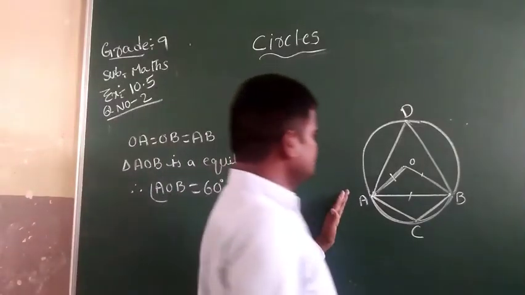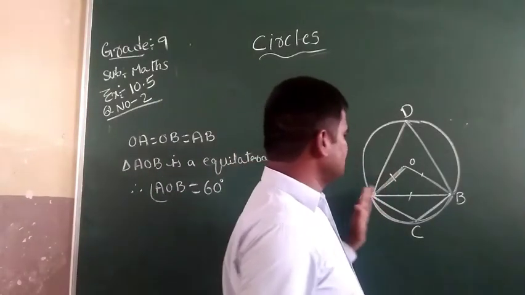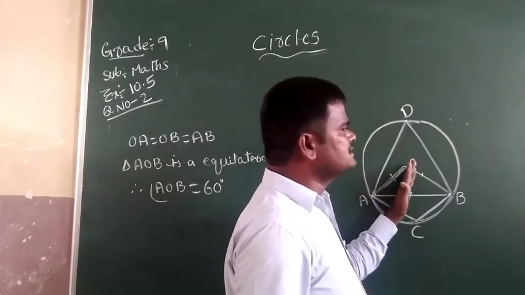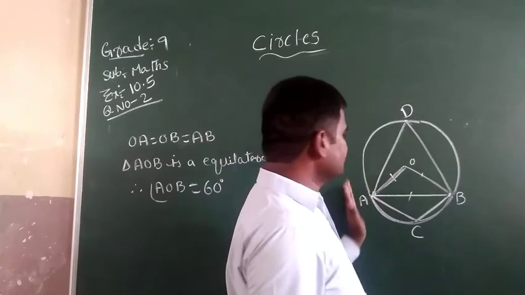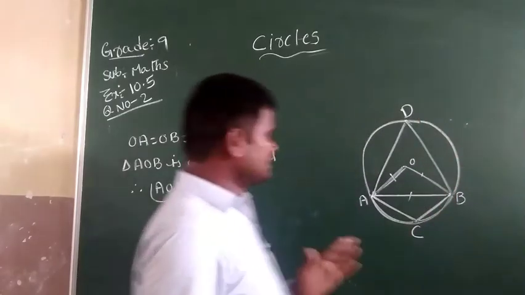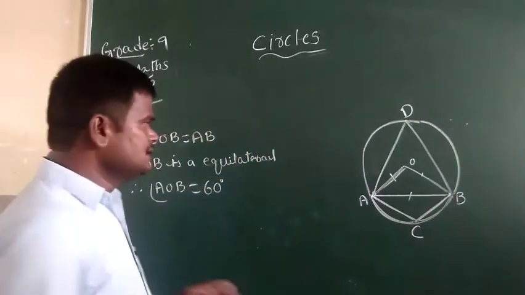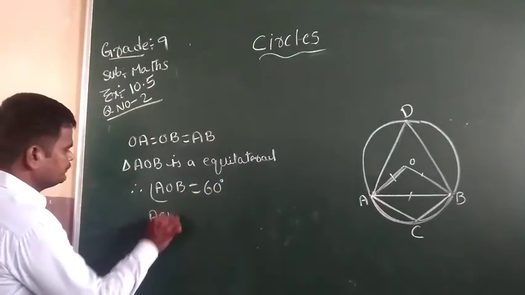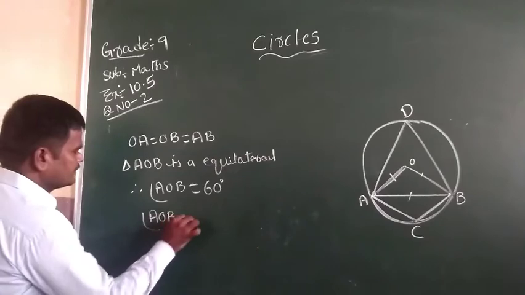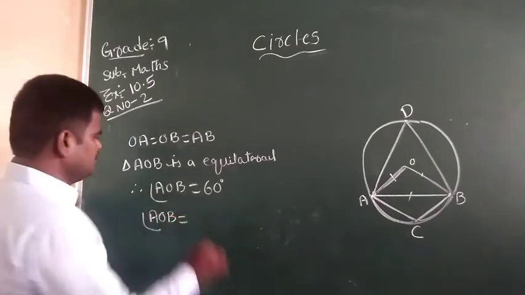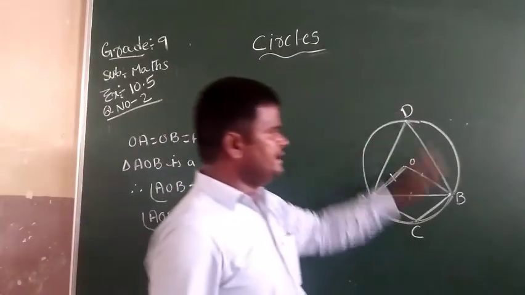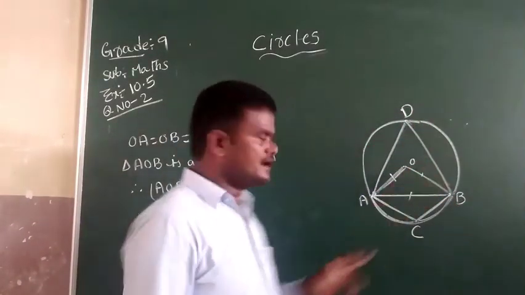So theorem 10.8 says that the angle subtended by an arc at the center is double the angle at any point on the circle. So here, angle AOB equals 2 times angle ADB.